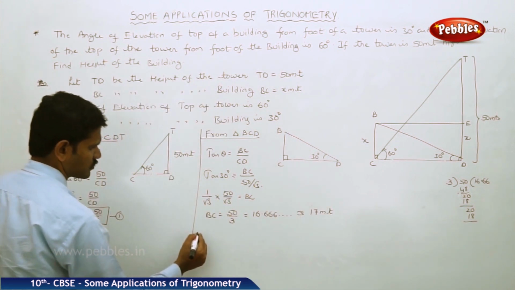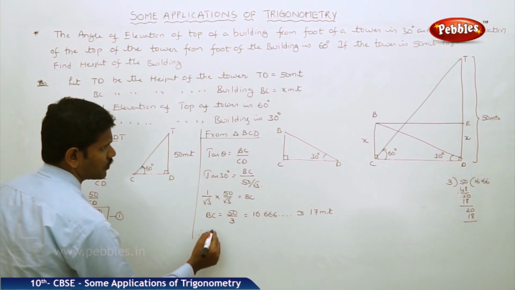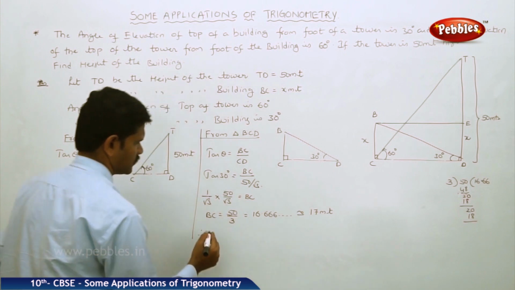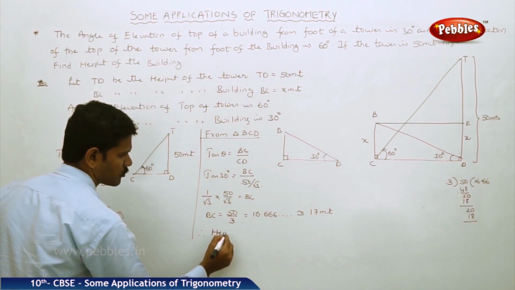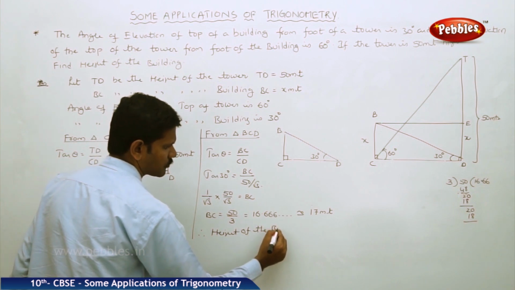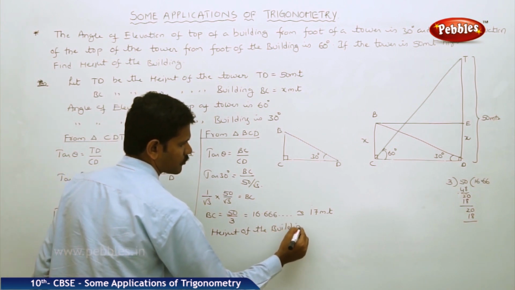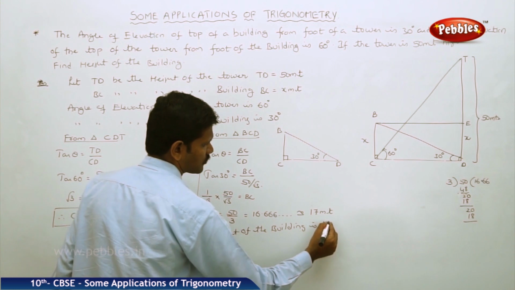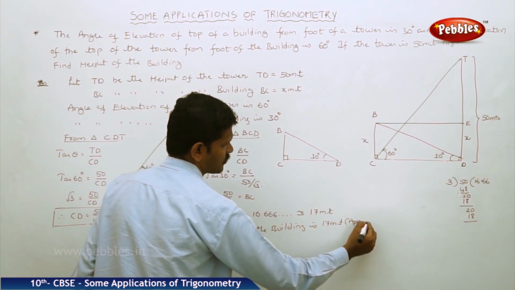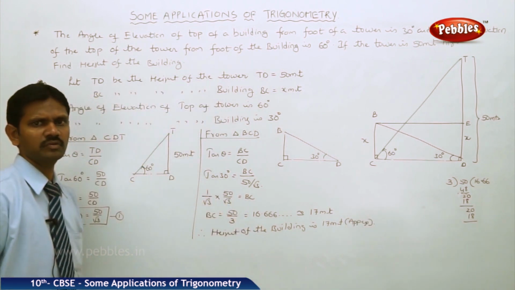Therefore BC is the height of the building. Therefore the height of the building is 17 meters, which is an approximate value.